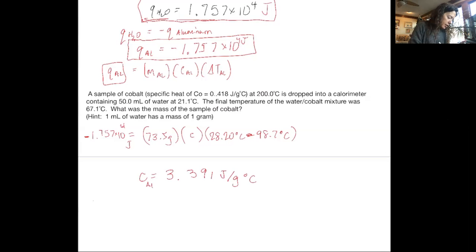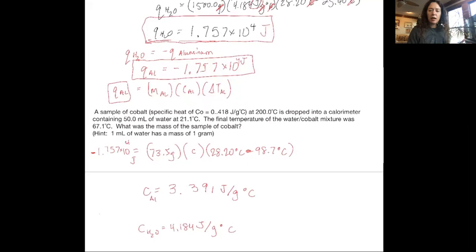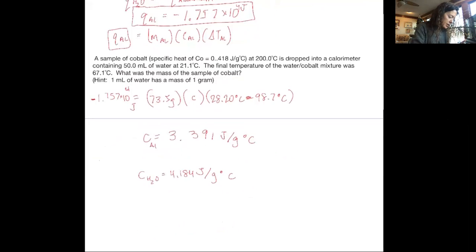If you look at the specific heat of water, it is 4.184 joules per gram degrees Celsius. So the last thing I want to point out, and I'm sorry for these extra practice problems in here, is that even though aluminum lost 1,700 joules of energy, and water gained 1,700 joules of energy, right?